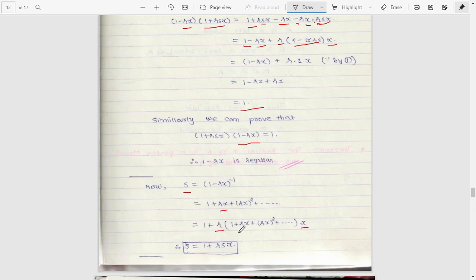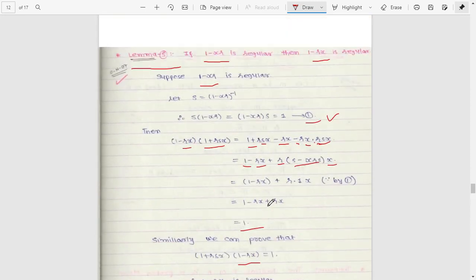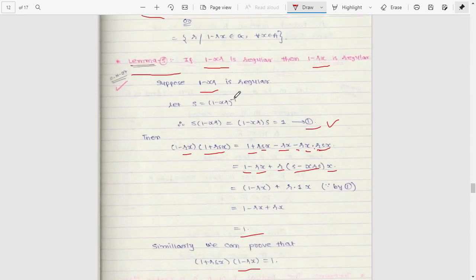So this is equal to S. So 1 plus R S x. So S is equal to 1 plus R S x. We complete the proof.